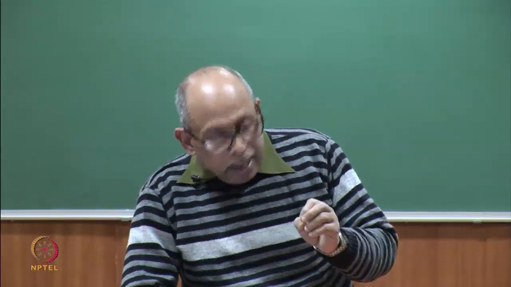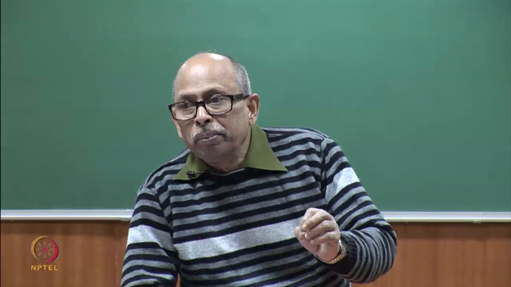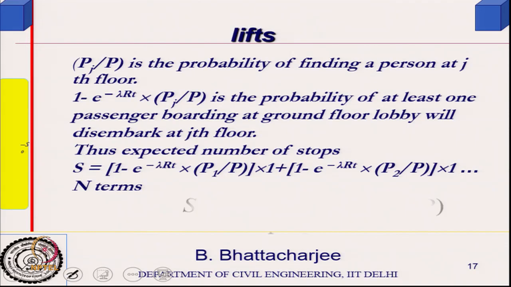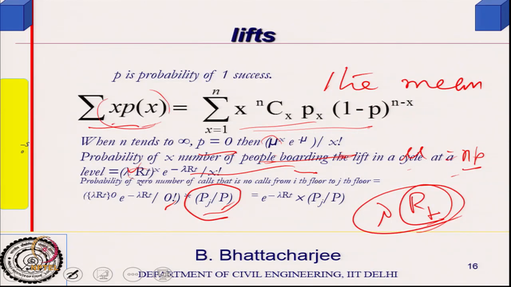So, the total number of people who are going to come during that period of time is lambda RT. If x people have to arrive, x successes have to occur, and mu itself is lambda into RT in this particular case. So lambda RT is the mean, mu to the power x, e to the power minus mu, divided by x factorial.